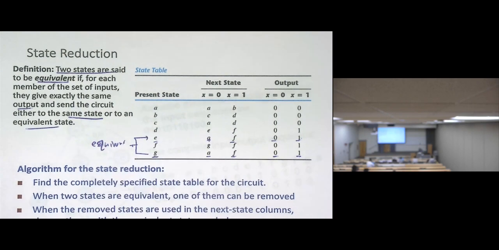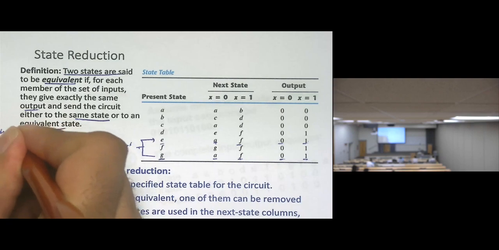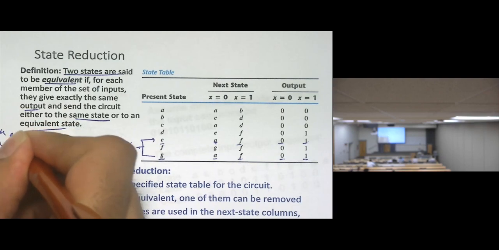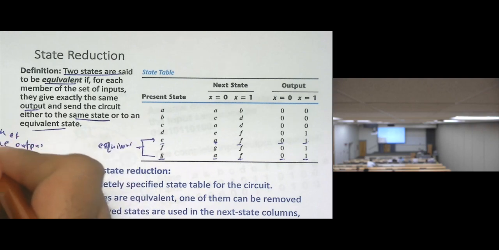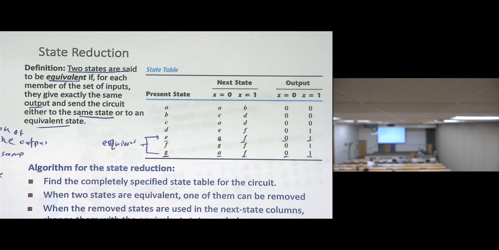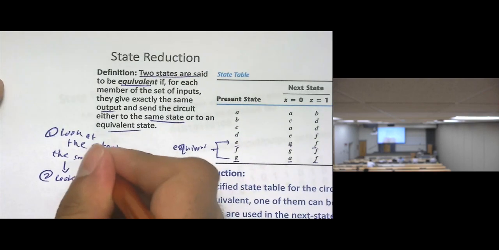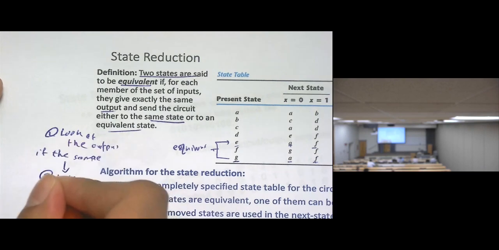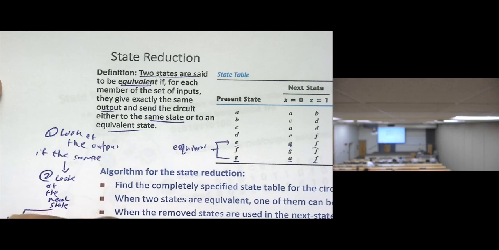So the first step in making the observation is to look at the outputs. If those are the same, go to the next step, which is to look at the next states. If they are the same, then we can say they are equivalent.